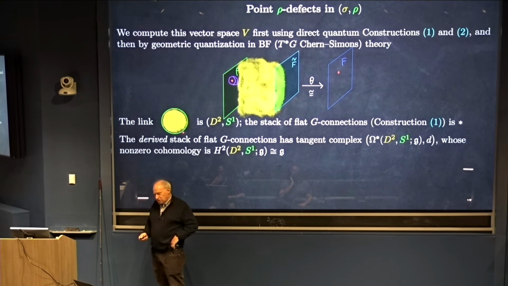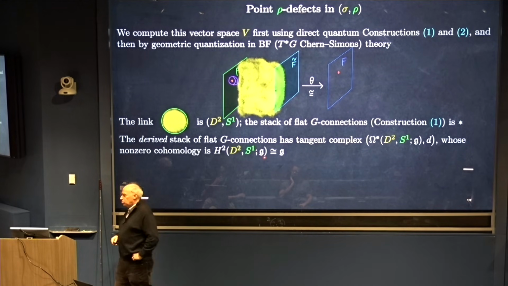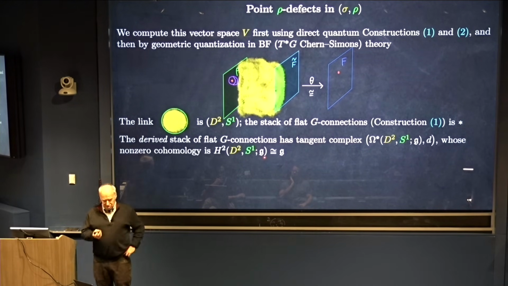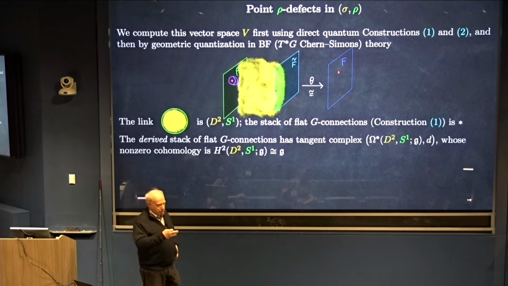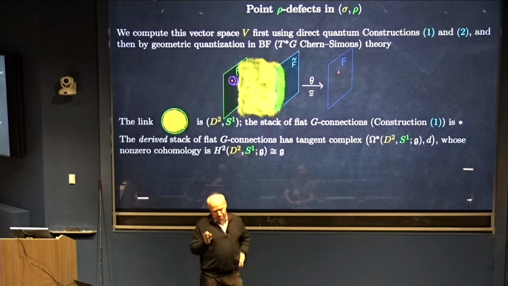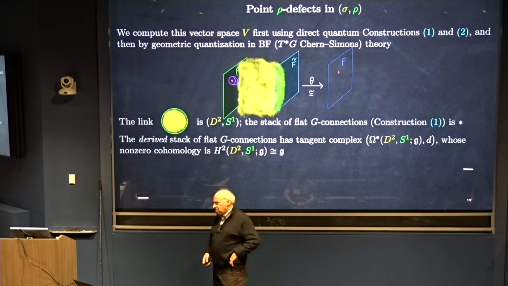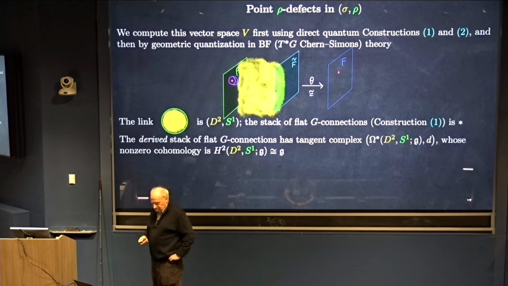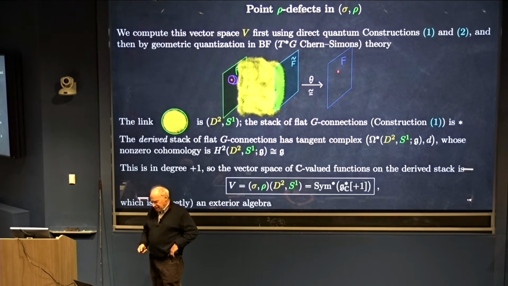The relative cohomology is only in degree 2, and it's a copy of the Lie algebra. If you remember, the degree 1 part is the geometric part. So the degree 2 part is one derived direction off, so it has number 1 in the derived direction. And now we have to take functions on that, and so we'll get the dual to the Lie algebra.